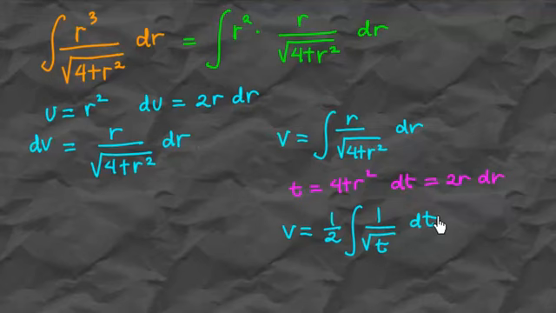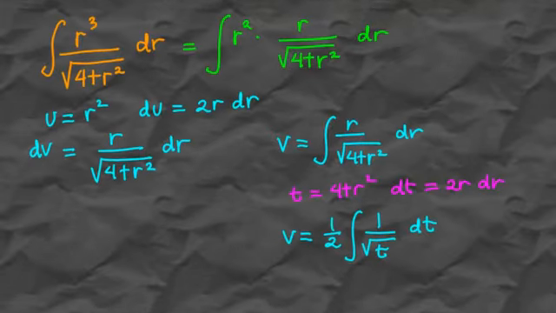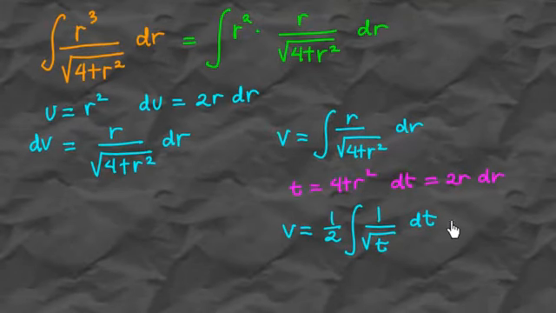I will not explain in detail why this is true. Just check by yourself and convince yourself that it is indeed true. If we rewrite it this way, you can also write this as t to the negative 1/2.